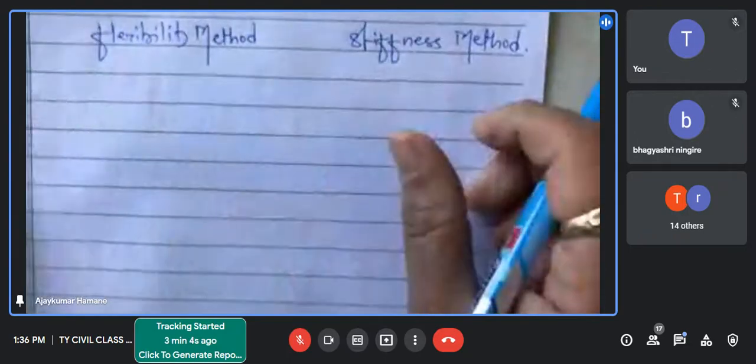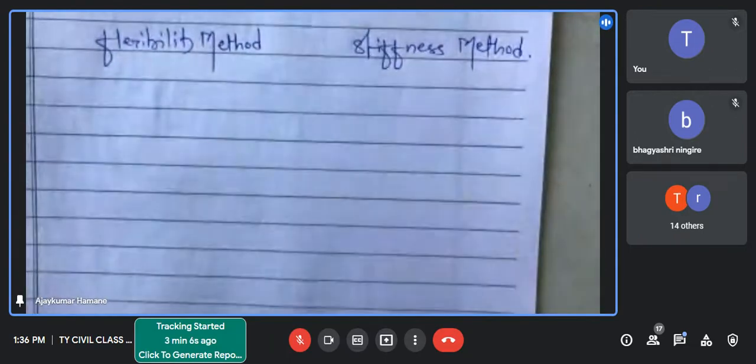So we are learning two methods. One is the flexibility method, another is the stiffness method.